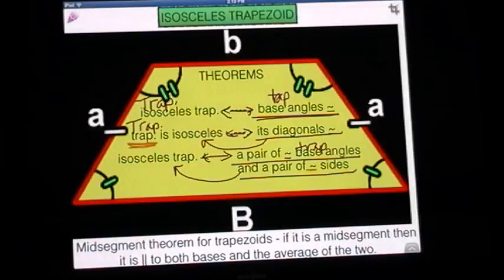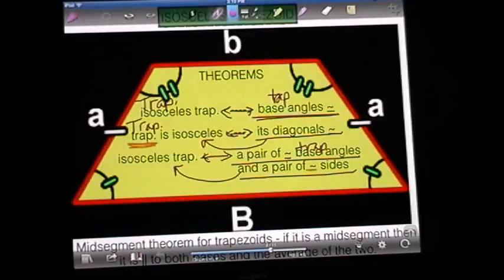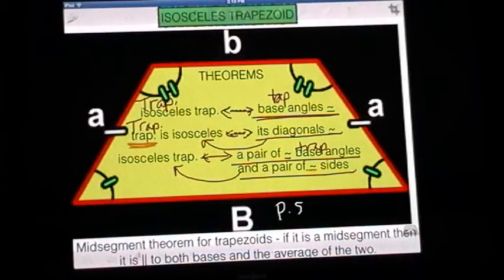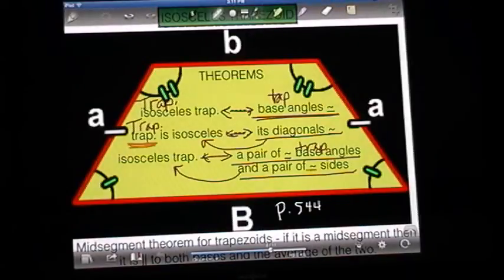Okay, the mid-segment theorem is also in your book and given as a formula on page 544. I rarely get to use white, so I will use it now. And it gives you a formula, and the formula looks like this.